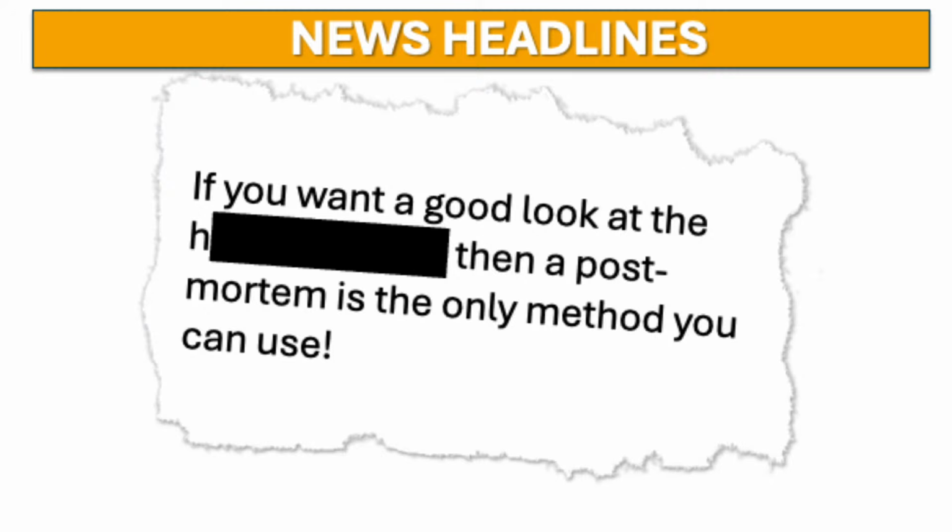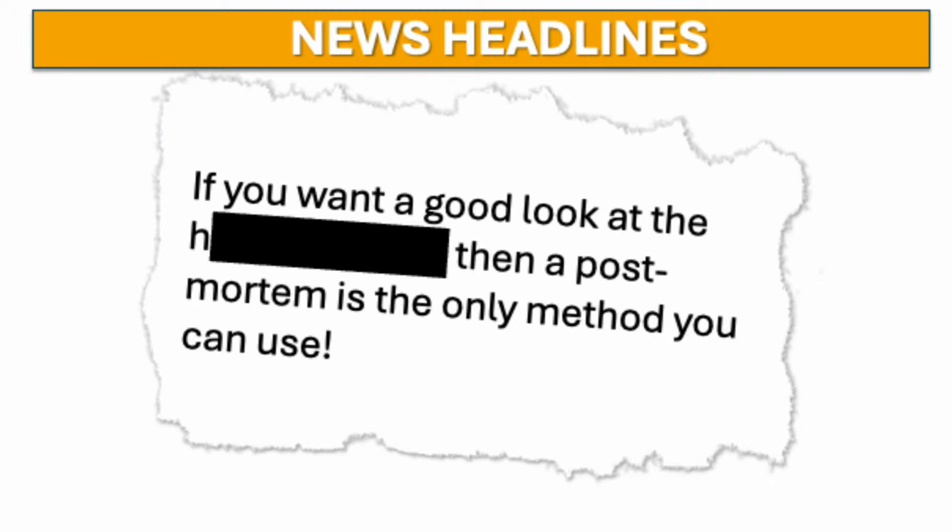If you want a good look at the something beginning with H, then a post-mortem is the only method you can use. So what could be the missing word here? Okay, so we've got some good H's coming through. We've got hippocampus.